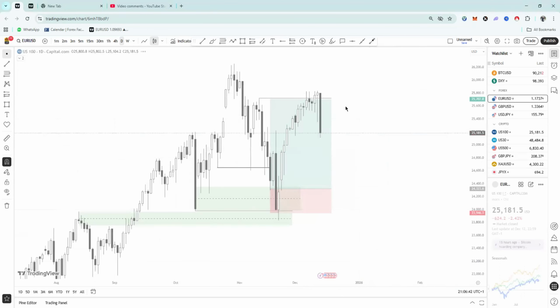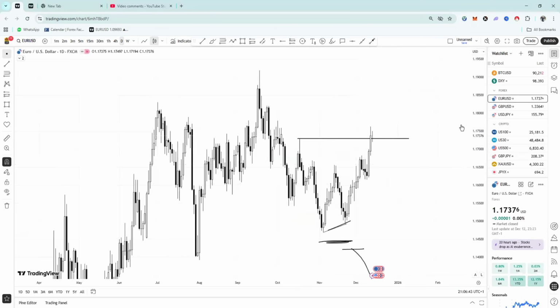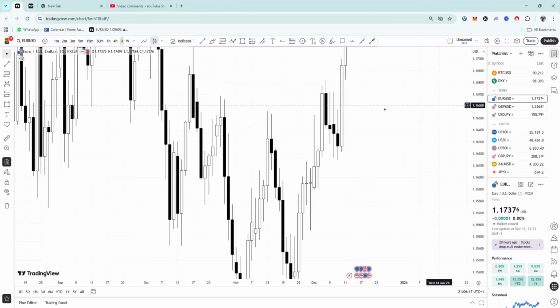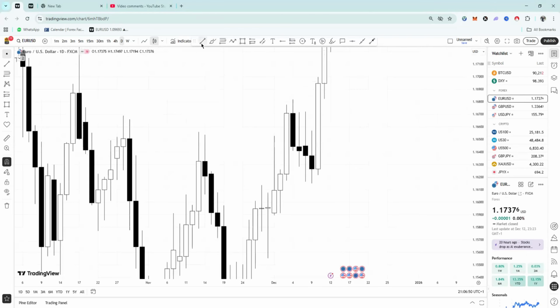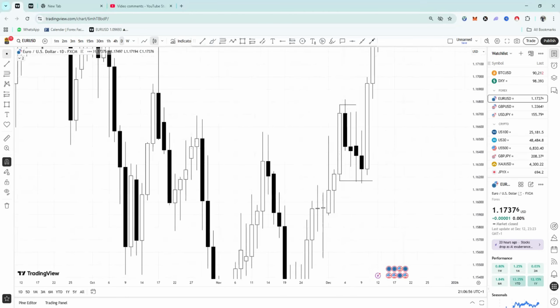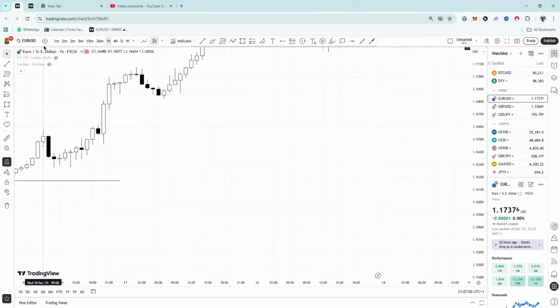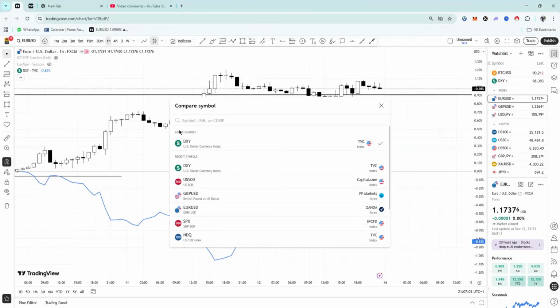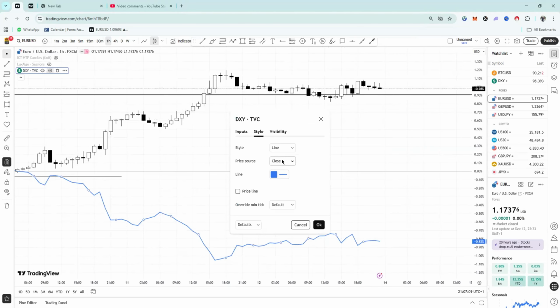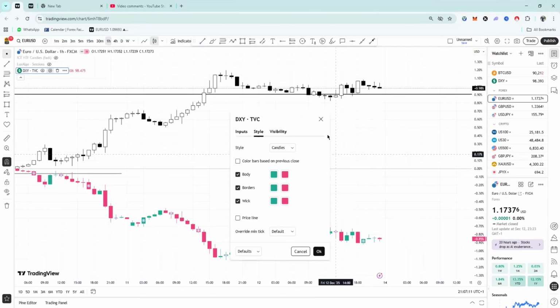Okay, so if you are trading Euro USD and you have a reason to buy, let's say this was a CRT here, and then you want to buy. It is just normal that you try to compare with DXY and see if you have any SMT.